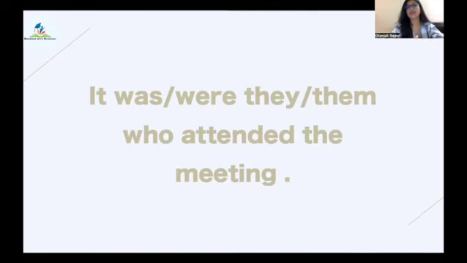Because it acts like a subject, definitely its antecedent should be a subjective form of a pronoun. Therefore, the correct option here is they, because they is the subjective form and them is the objective case of a pronoun. And one very important thing is, though you have chosen they, you cannot choose the plural verb here. Why? Because it always works with singular verbs. Remember this thing.